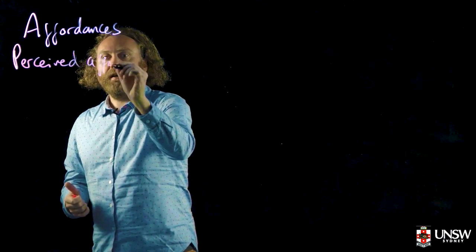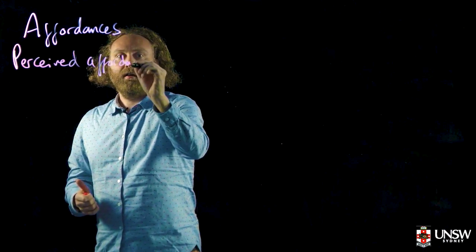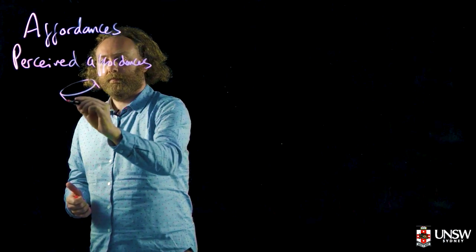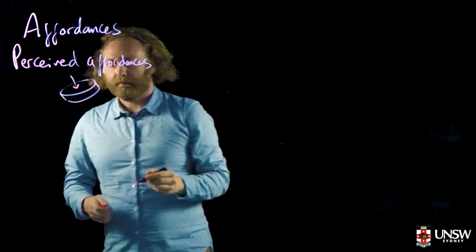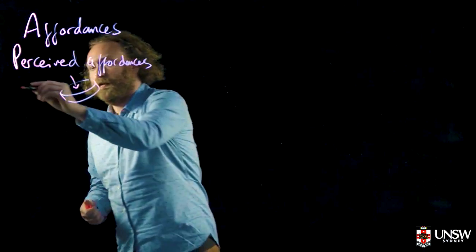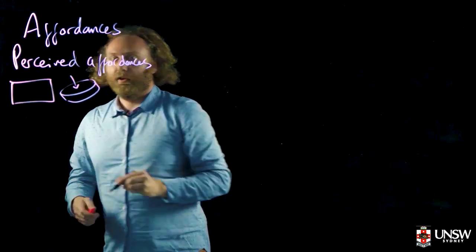So if you think about anything on a screen, like a button, that's a physical button, but on a screen we would have something that may not even look like a button.